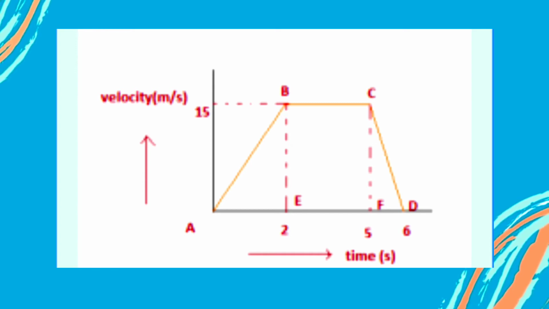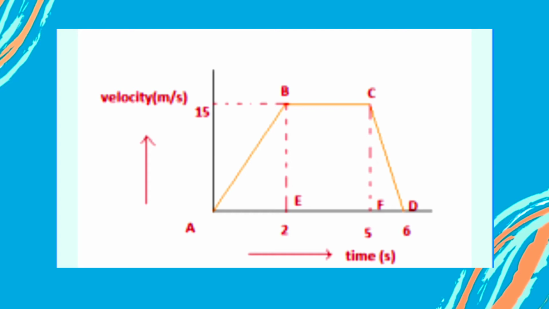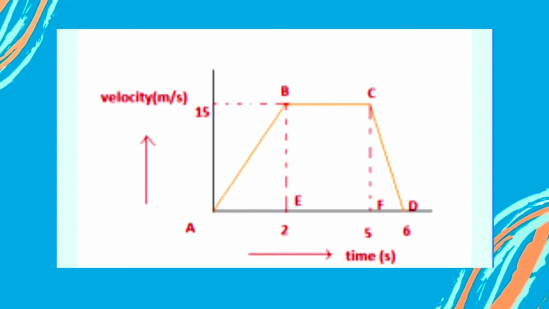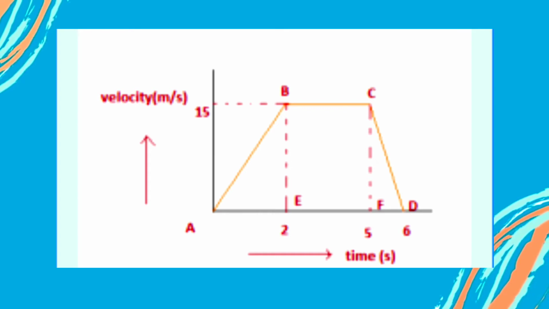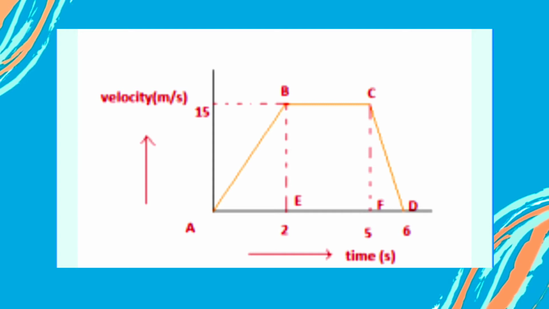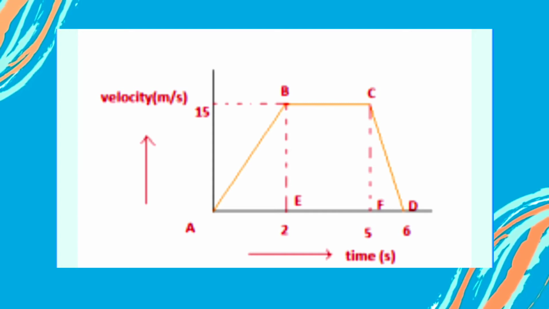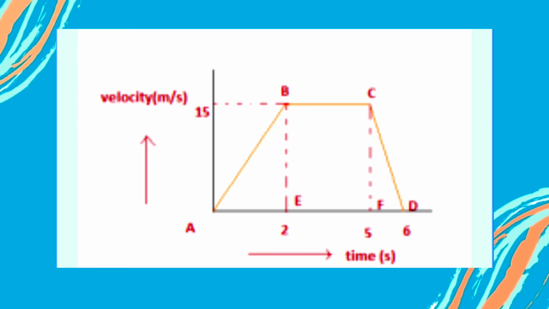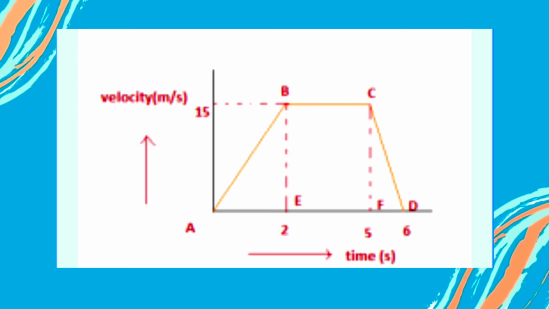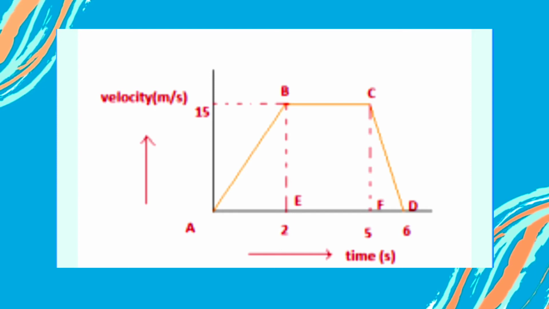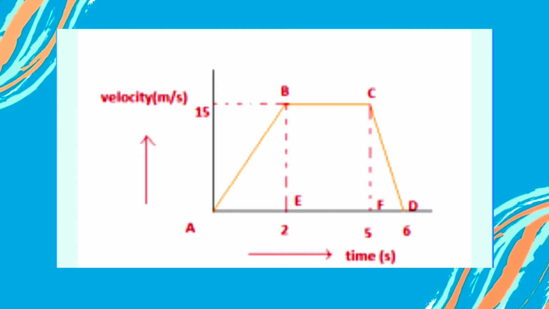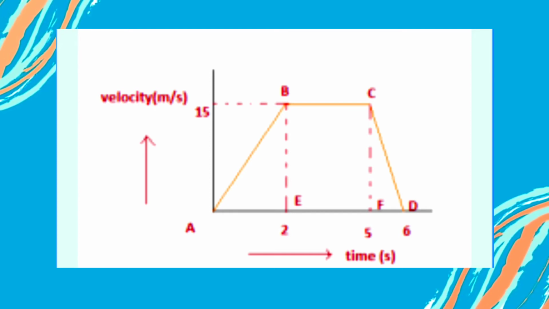So here in this example we are given that the mass of the SUV is 1000 kg. What we have to find is the distance travelled by the SUV in the first 2 seconds. From the graph we can see that AB represents the journey of the SUV in the first 2 seconds.